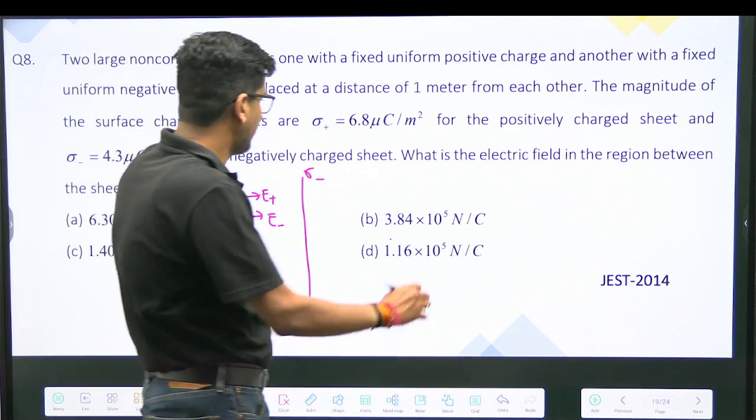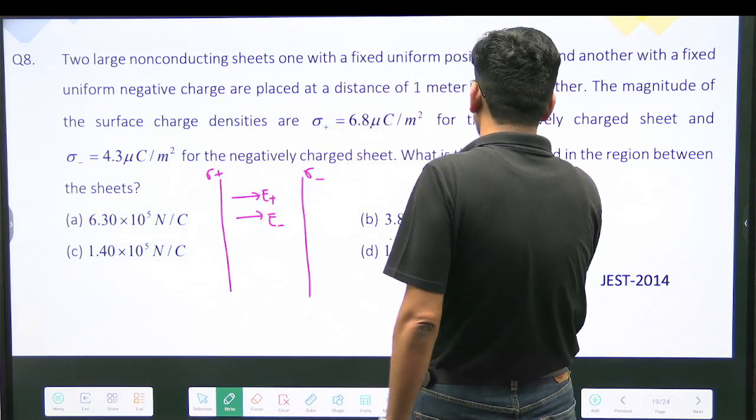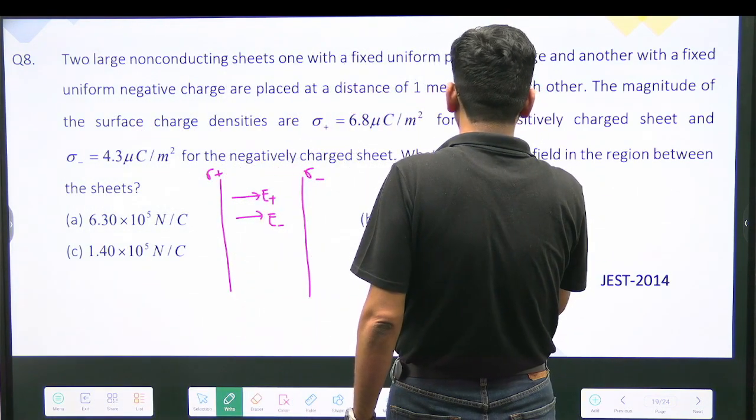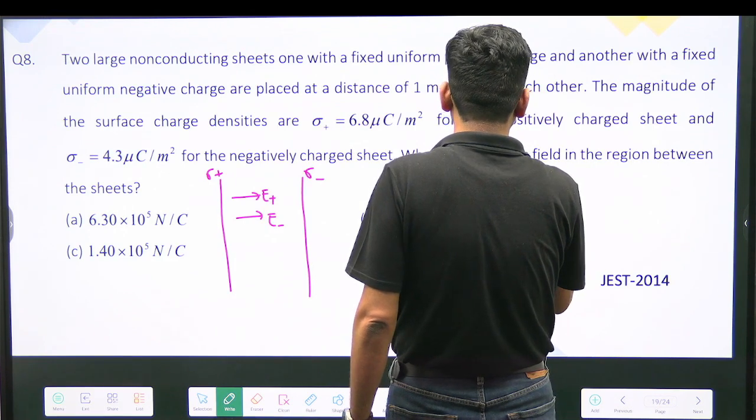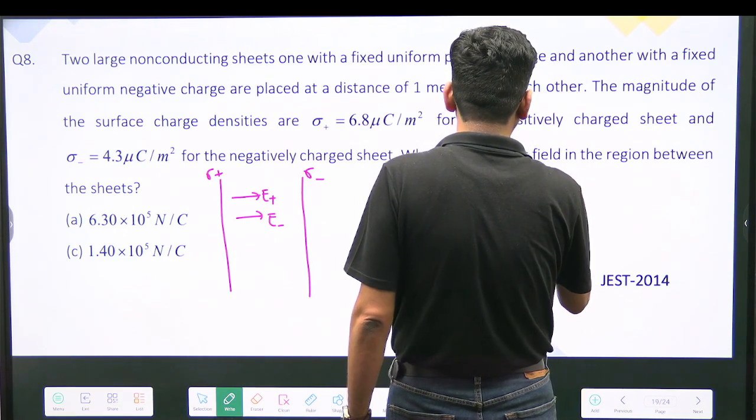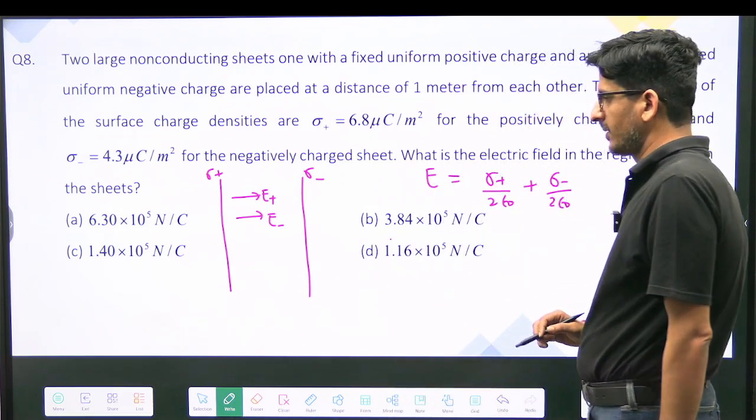So electric field will be sigma plus by 2 epsilon naught plus sigma minus by 2 epsilon naught.